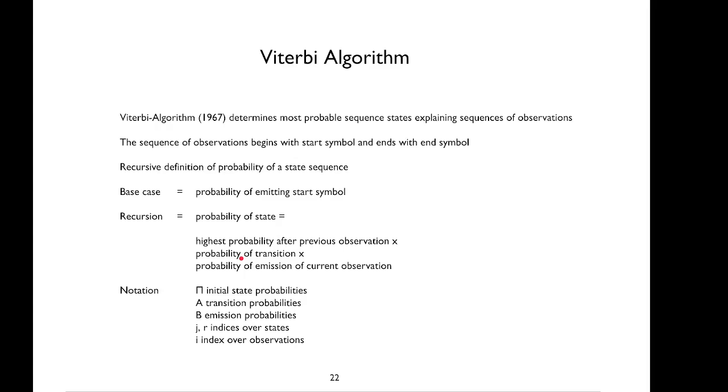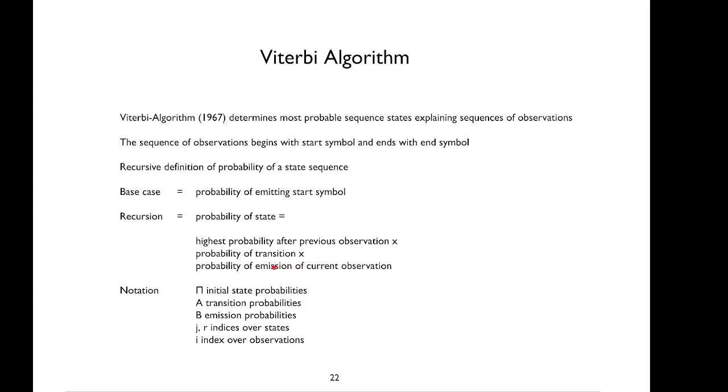So how likely is it to make the transition to the current state? And then we have to multiply this by the probability to see the observation we're seeing in the current state. So those three terms get multiplied, and we maximize over the first two, because both of them refer to the state in the previous observation, and this considers only the current observation, so we don't need to maximize over that.